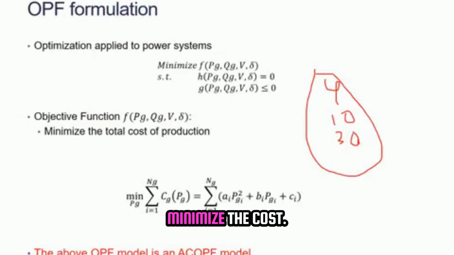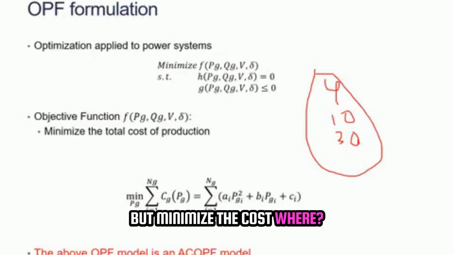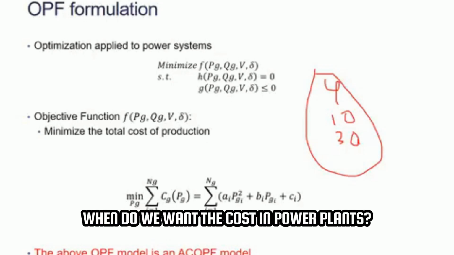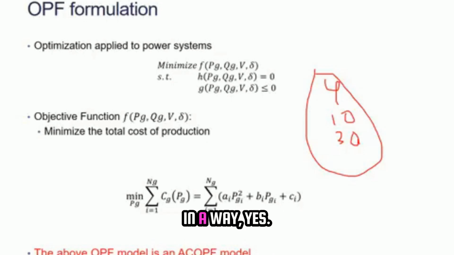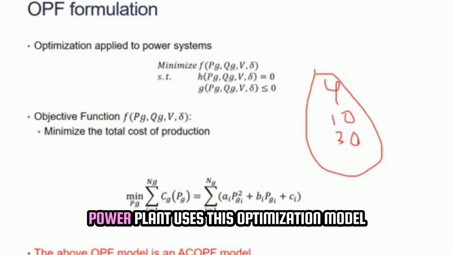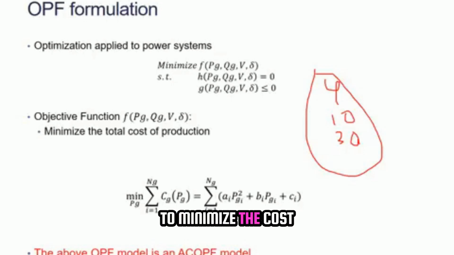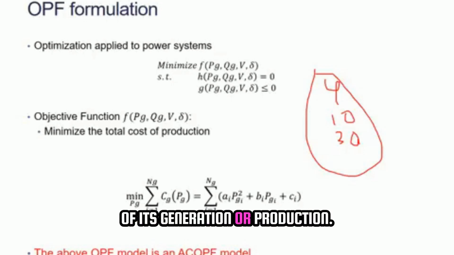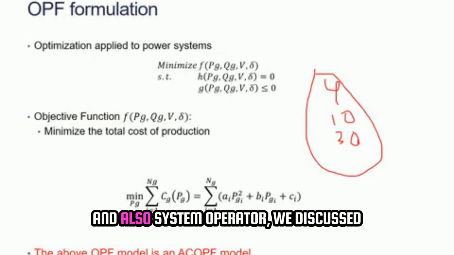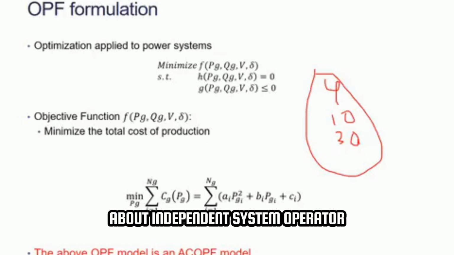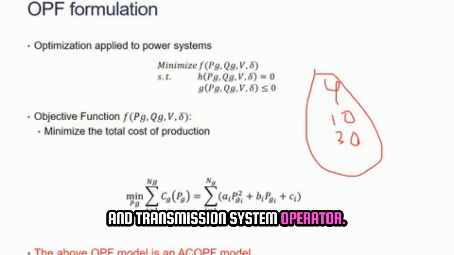Yes, good, minimize the cost, but minimize the cost where? In power plants, in a way, yes. A power plant uses this optimization model to minimize the cost of its generation or production. And also the system operator; we discussed the independent system operator and transmission system operator.